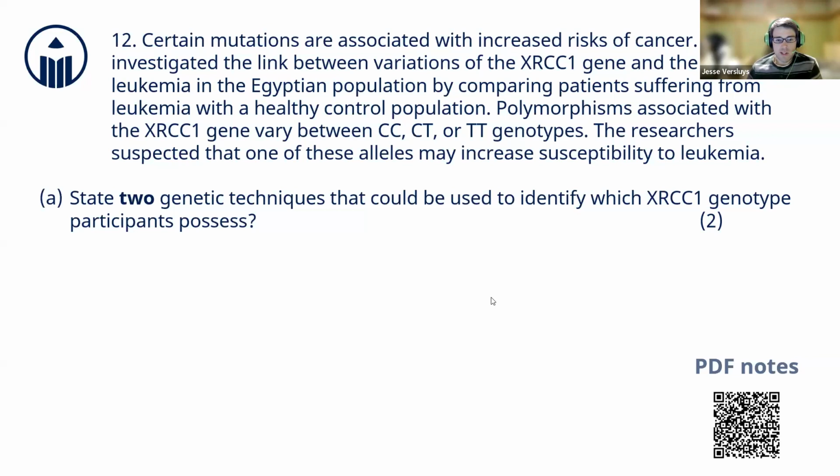Okay, so what techniques could you use to figure out whether a person has a CC, CT, or TT genotype? Yeah, we've got a couple of quick answers already. I think we're on the right track.